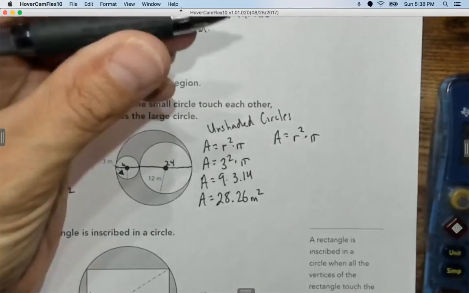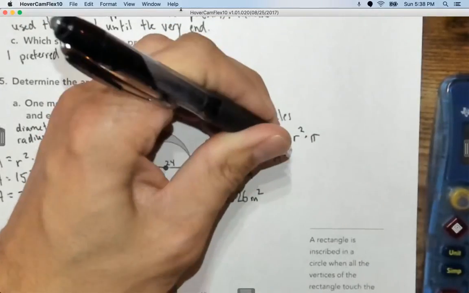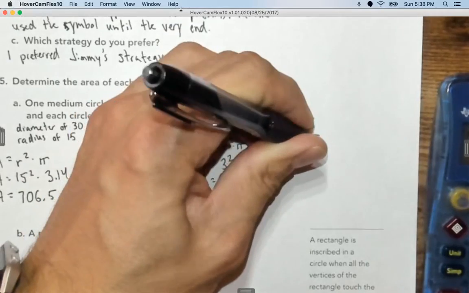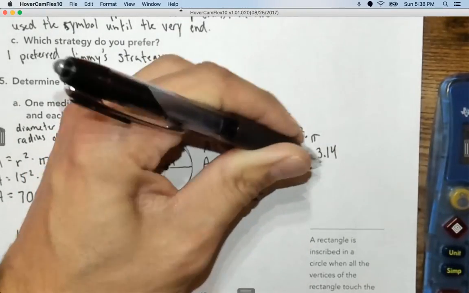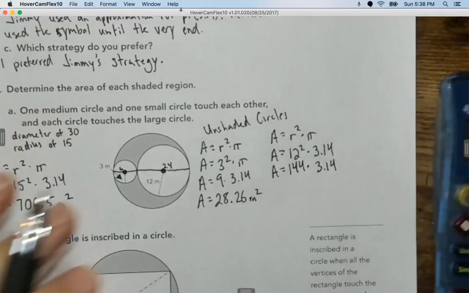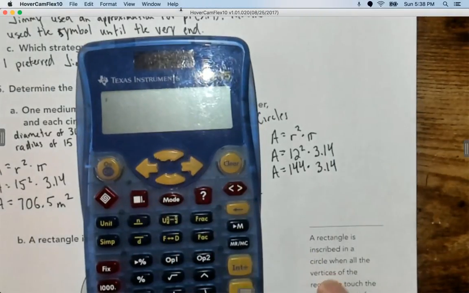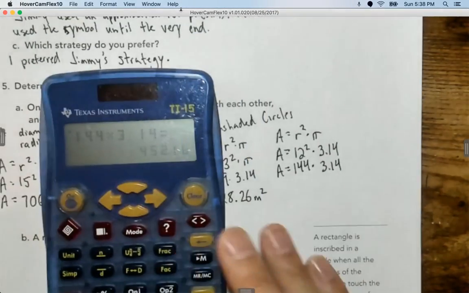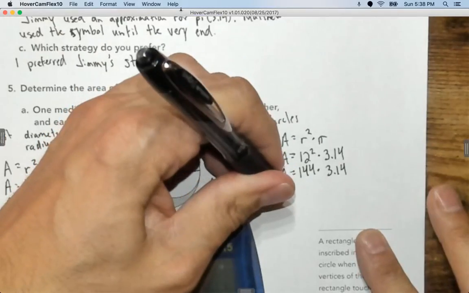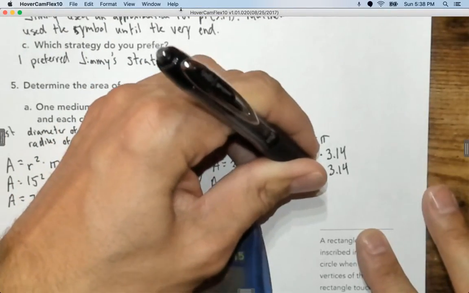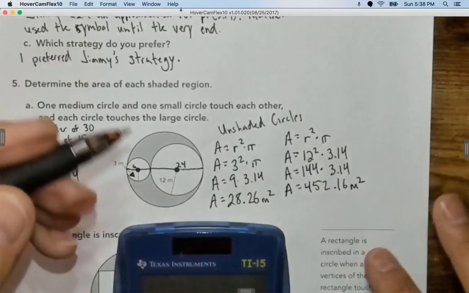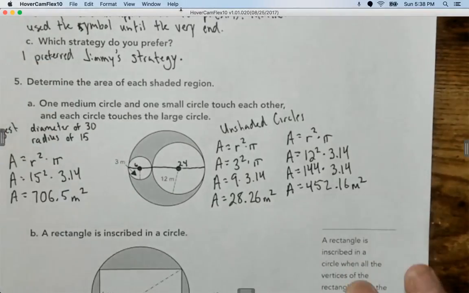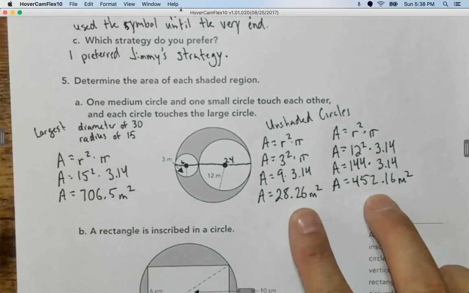That is a radius of 12 squared times 3.14, or 144 times 3.14, which gives me an area of 452.16 meters squared.